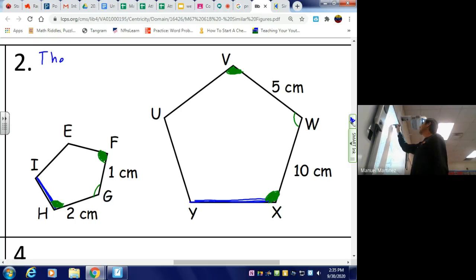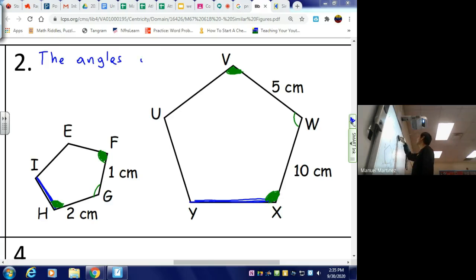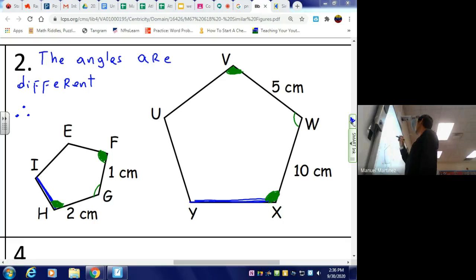The angles are, I know my handwriting is horrible, but are different. Therefore, the figures are not similar, okay? So the figures are not similar.